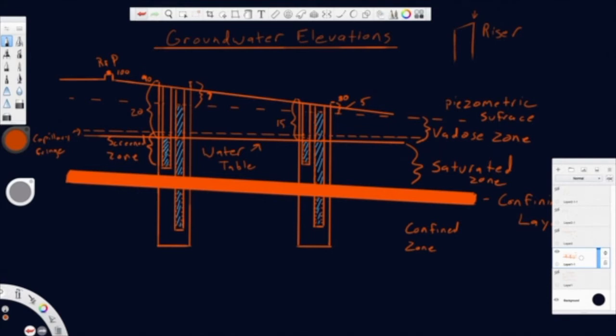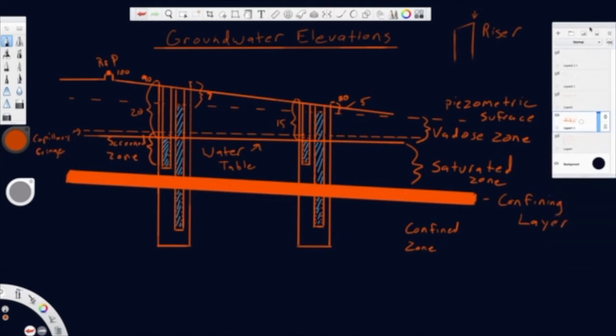And then below that, if you want to go into deeper zones, you have your confined zone. And this is where things get kind of weird. This would always be when you have water below a confining layer, which I've designated here.